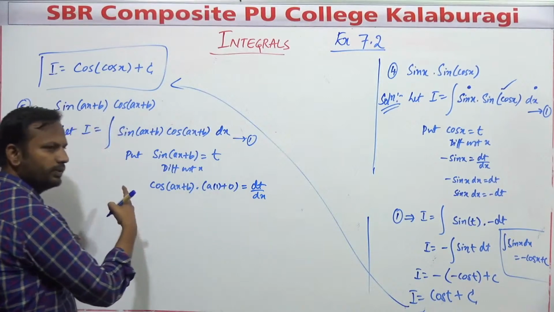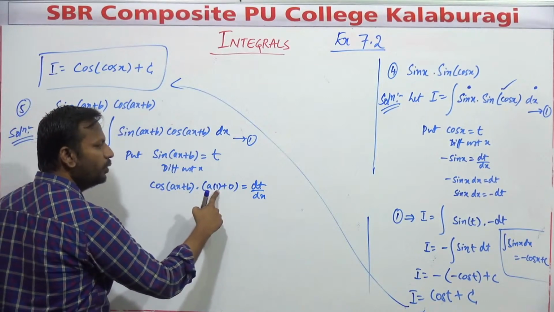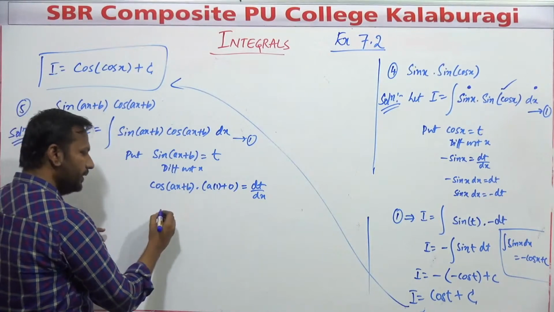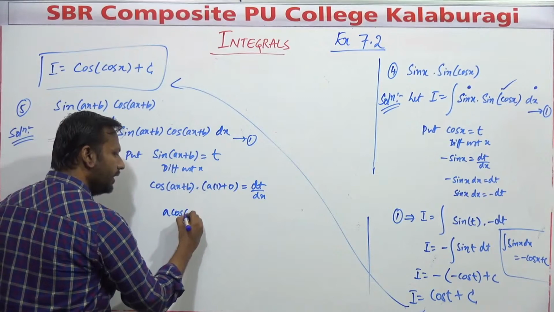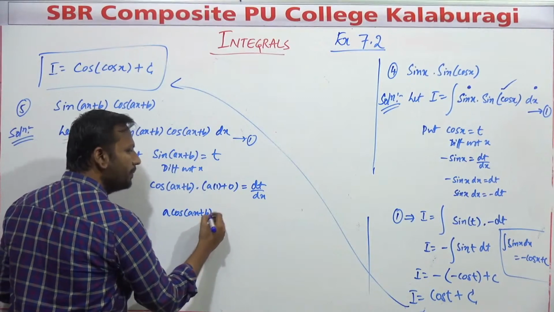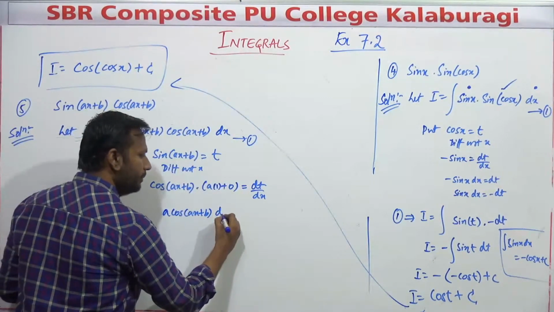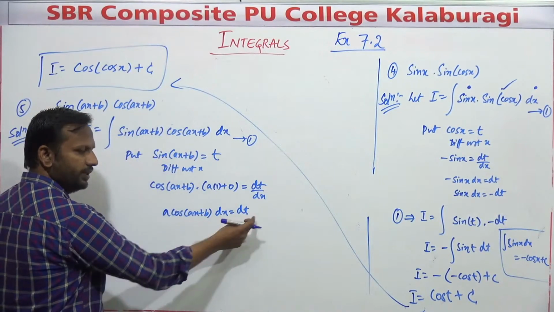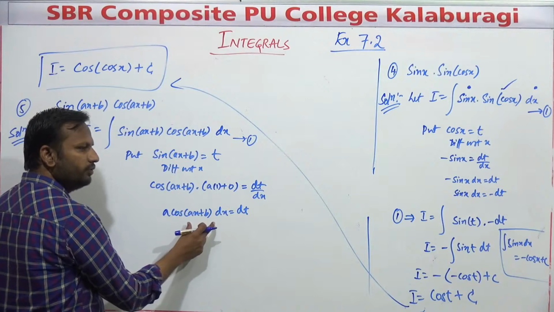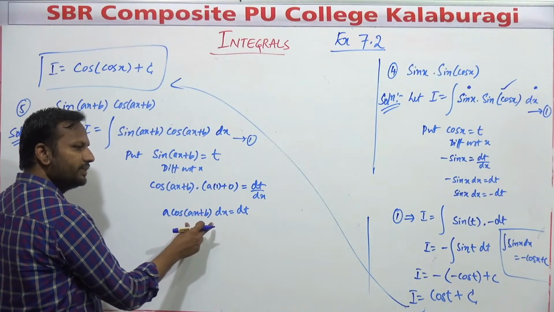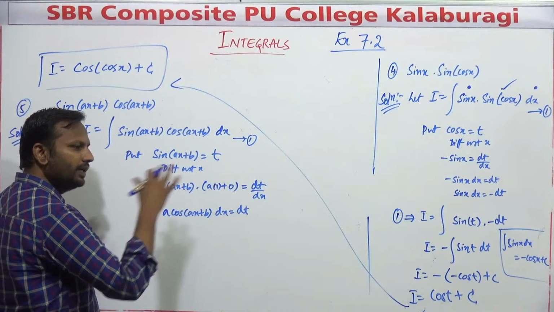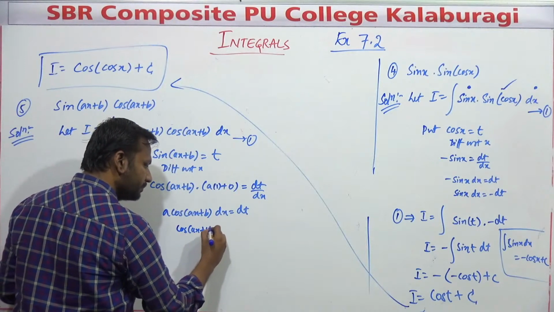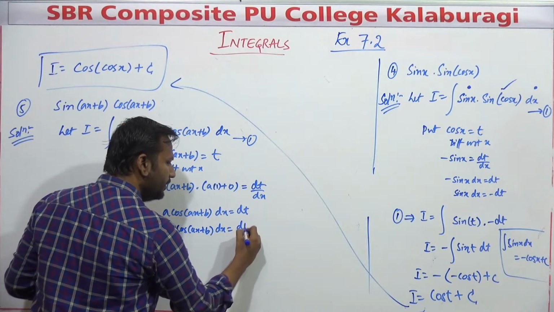So a into 1 plus 0, a into cos of ax plus b, that is a cos of ax plus b. Now cross multiplying, it becomes dx. Only x factors should be there on the left hand side. Remaining things I should send back to the RHS. So cos of ax plus b dx is equal to dt by a.